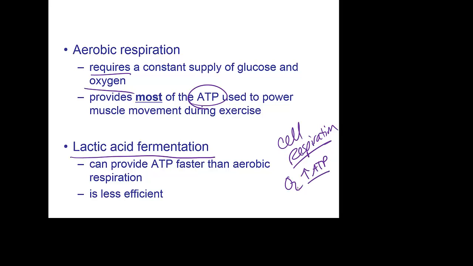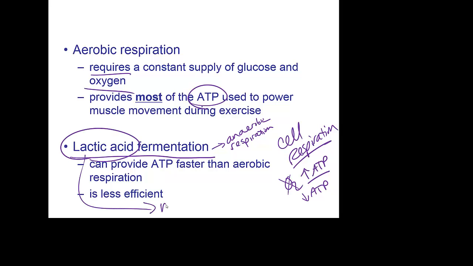If we don't have oxygen, we have decreased ATP production. We build ATP as fast as possible through anaerobic respiration. And that anaerobic respiration actually causes the buildup of lactic acid, which is what many of you know as muscle or runner's burn.